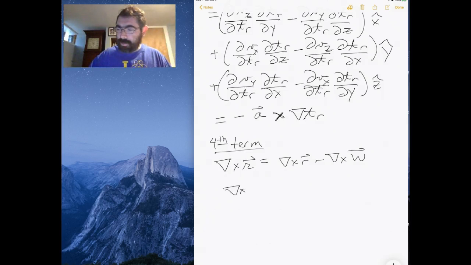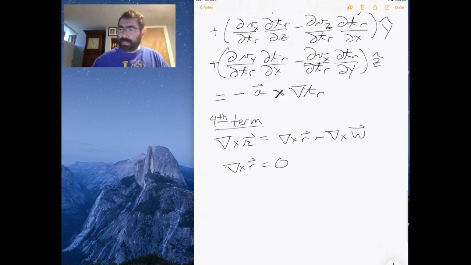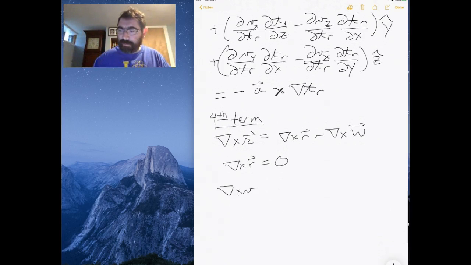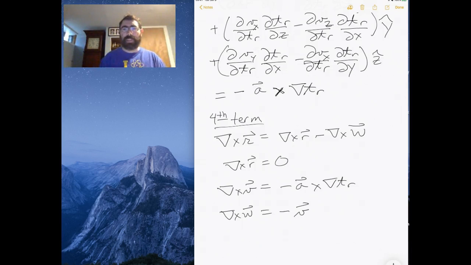Now the curl of r is 0. That's not changing. I'm keeping that to be a constant fixed distance with which I measure. Like the curl of v, which we said is minus a crossed into the gradient of t, the curl of w is going to be very similar, minus now the time derivative of that vector, crossed into the gradient of time. Okay, so that essentially gives us all we need for the fourth term.